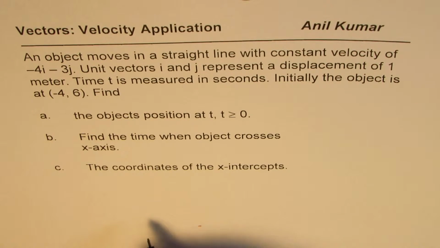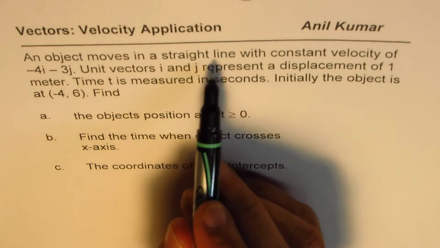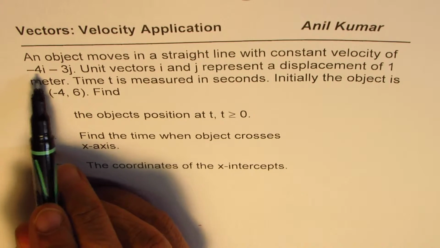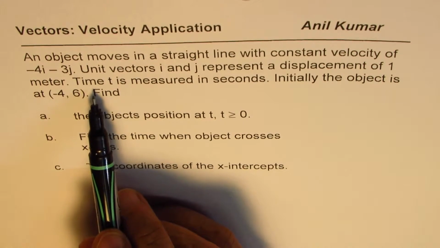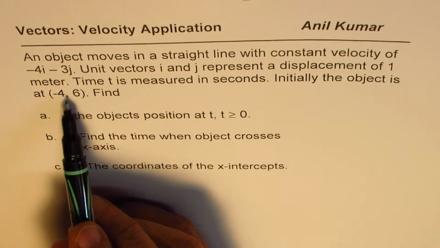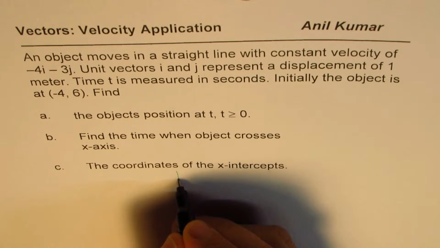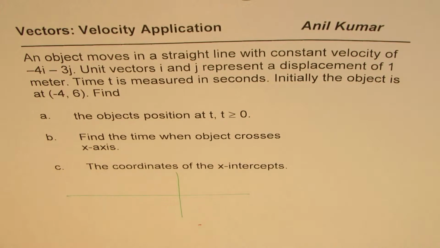So let me sketch and then explain. The object moves in a straight line with constant velocity, minus 4i minus 3j, and it starts at minus 4, 6, so it starts from the left side. I'll sketch the axes so that we are working more towards the negative side.